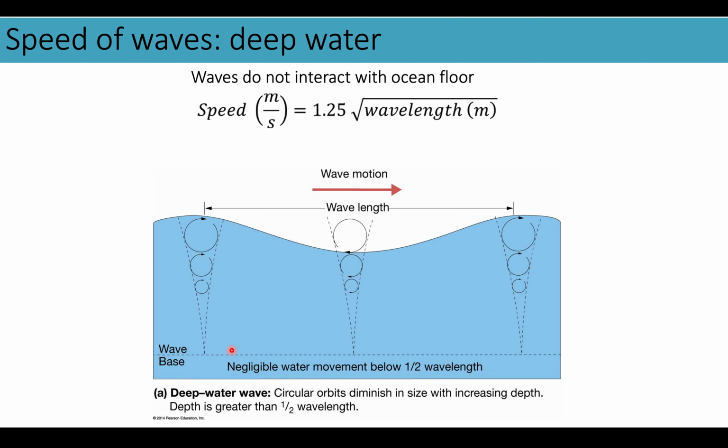So the water movement below about 1/2 of a wavelength, remember, this is the wavelength, so if you take this distance in wavelength and put it vertically, below about 1/2 of what this wavelength is, the water is not feeling an effect of the waves. So below there, you're super safe from the waves.